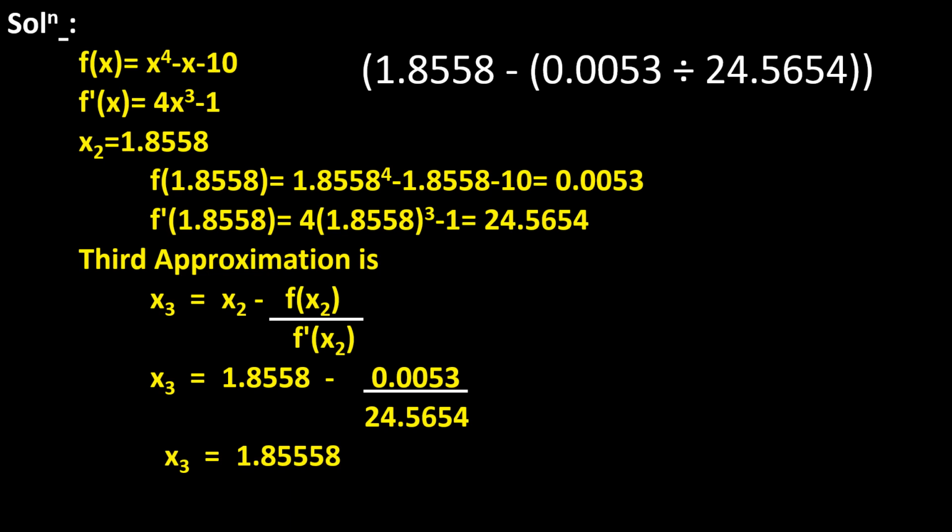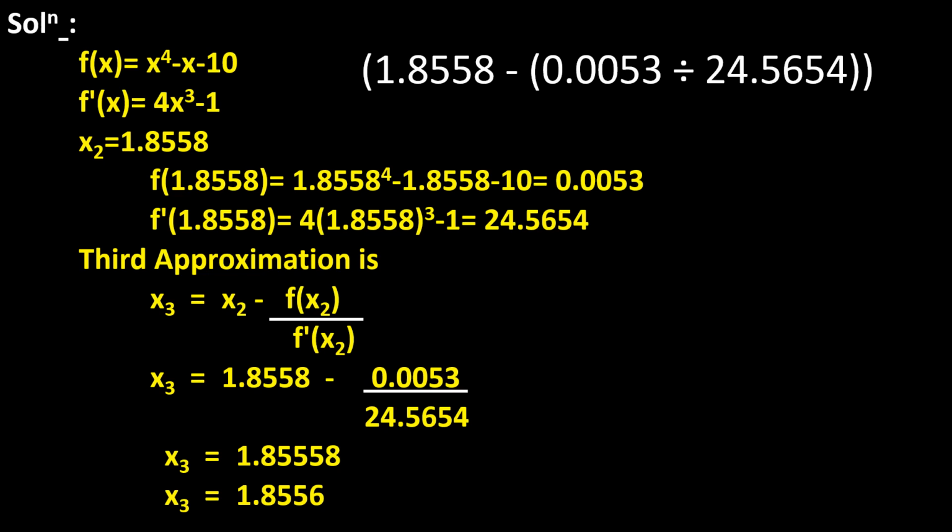I have considered 5 digits after the decimal point. Now I will do the rounding off to 4 digits after the decimal point. So the truncating digit is 8, which is greater than 5. Therefore you need to add 1 to the previous digit. Therefore it will become 1.8556. Therefore x3 is equal to 1.8556.